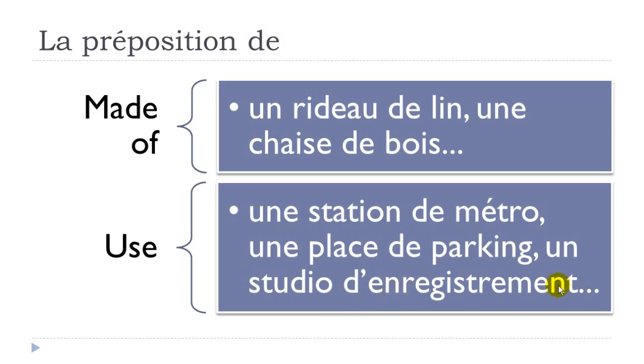Enregistrement is recording. So as you can see in that case, as usual in French, we've got this de, but as enregistrement is starting with a vowel, the e needs to go away. Une station de métro, une place de parking, un studio d'enregistrement. Okay, so that's this use concept, so what you use these things for.